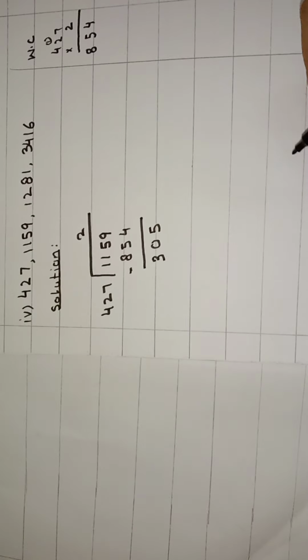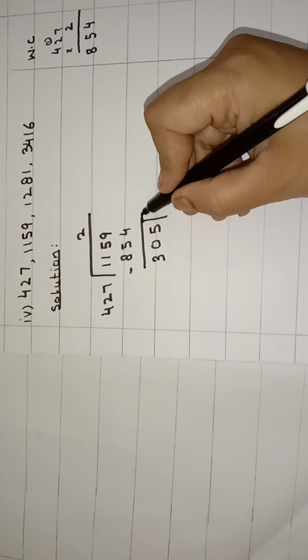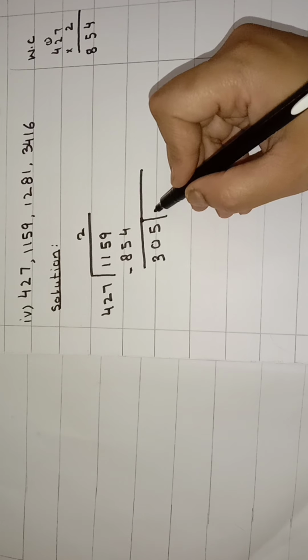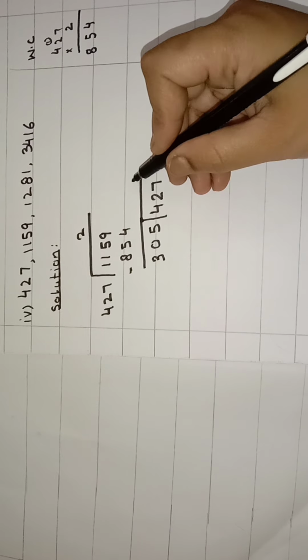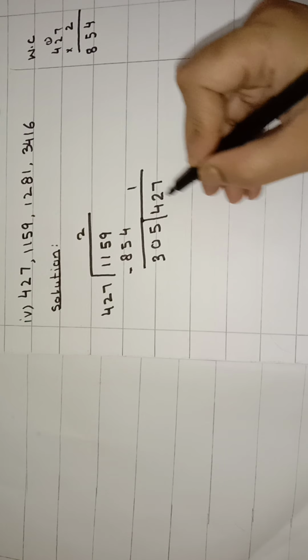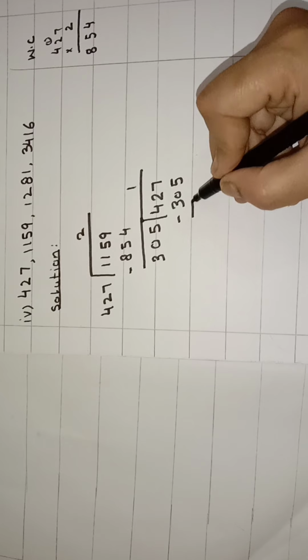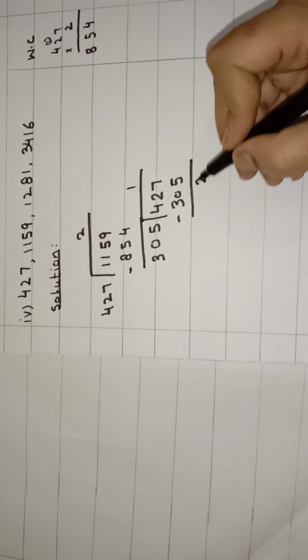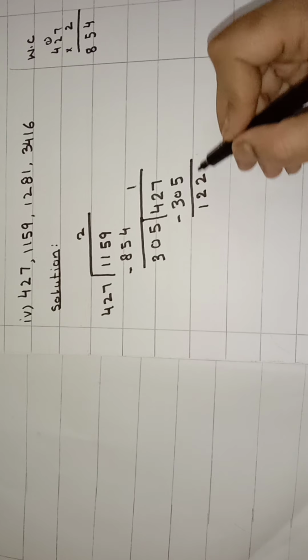We get 305. It is smaller than our divisor, so it will become the divisor. 427 and 305. 305 ones are 305. On subtracting we get 122.